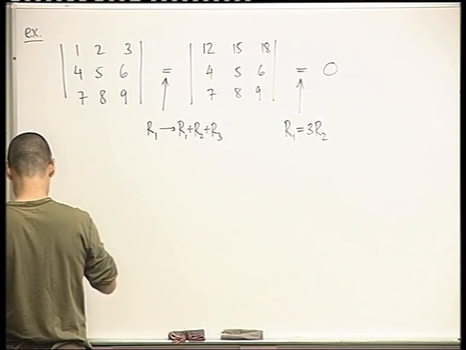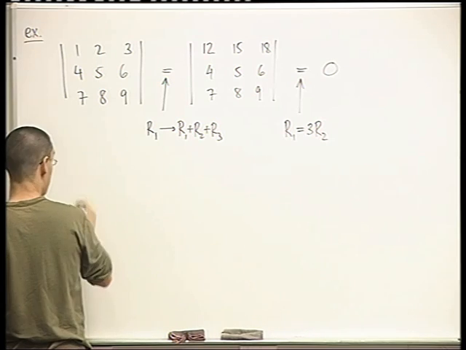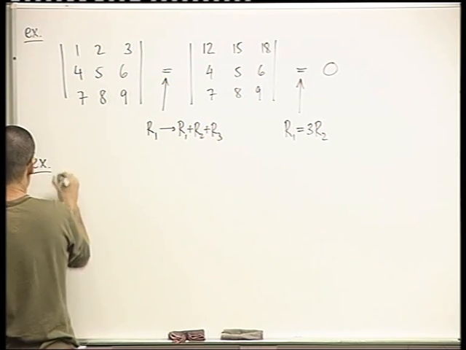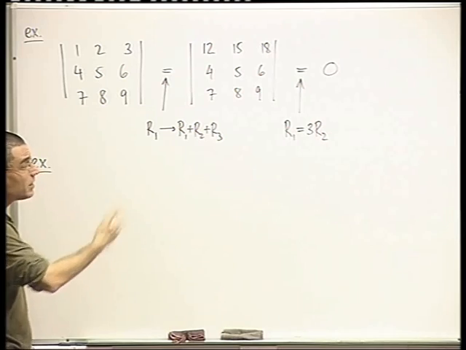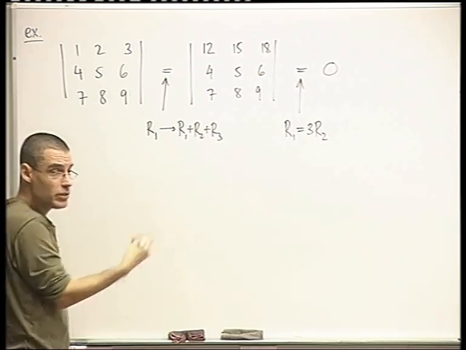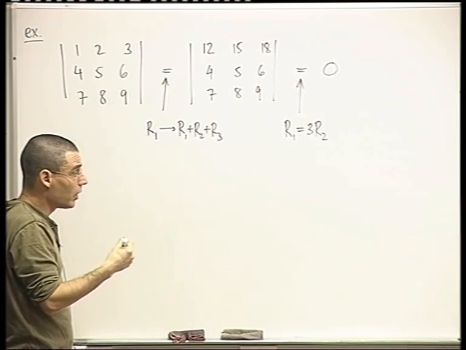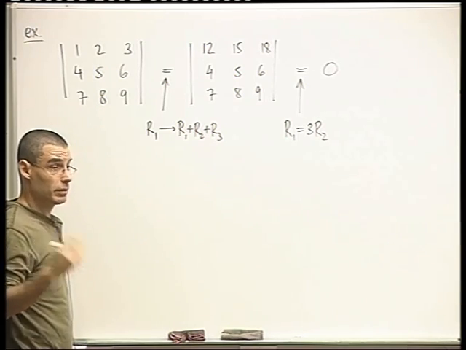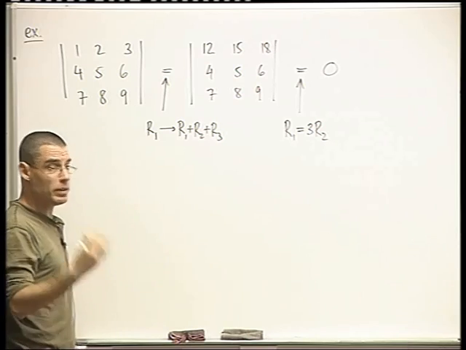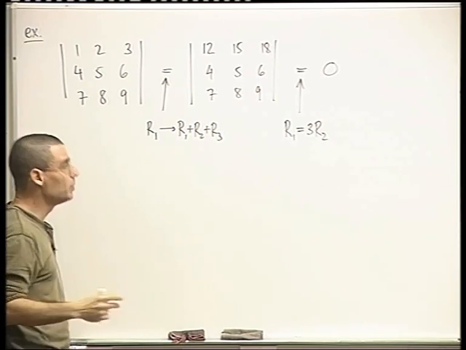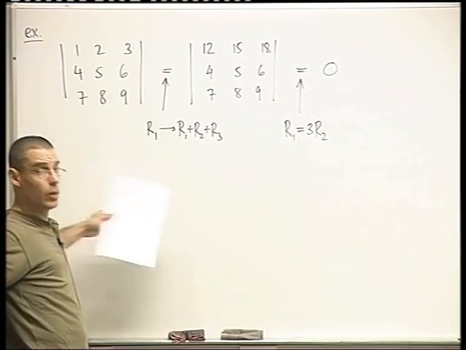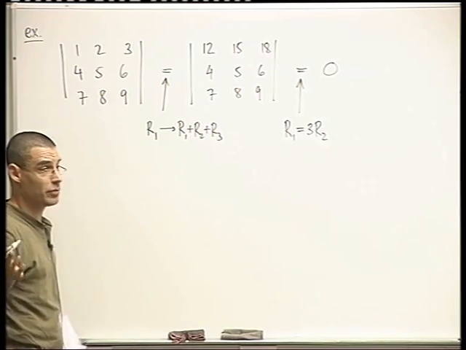Here's another example of using these facts that we accumulated to do calculations. And the point is that all these are little tricks you can do to simplify calculations. You don't need to calculate all these enormously many minors every time.